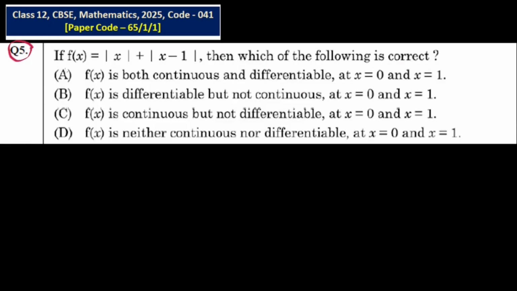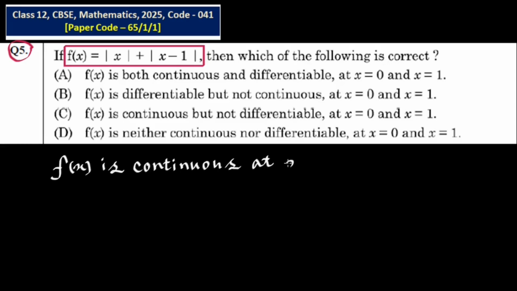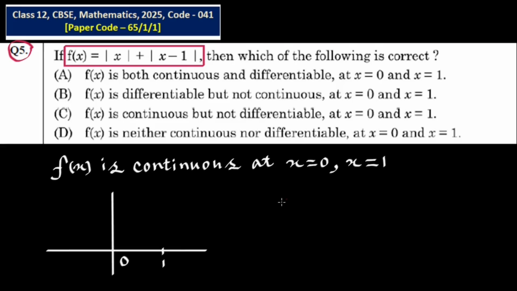Question 5. This is about a modulus function and about its continuity and differentiability. This being a modulus function is continuous on R, especially f(x) is continuous at x equals 0 and at x equals 1. Now to check its differentiability, the graph of this function will be mod x and mod x minus 1.